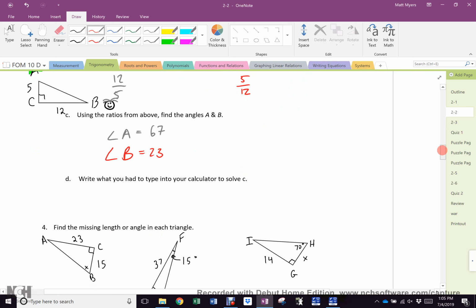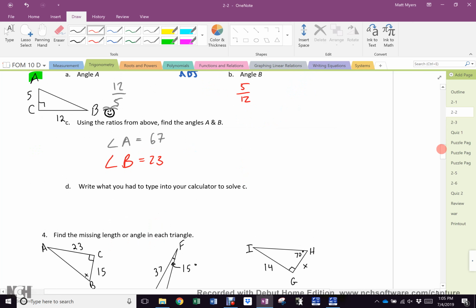Now listen to me, ladies and gentlemen, please. I want you to actually do this. What did you have to type into your machine? So for me, I had to push second. On my machine, it's second. It's not a shift.